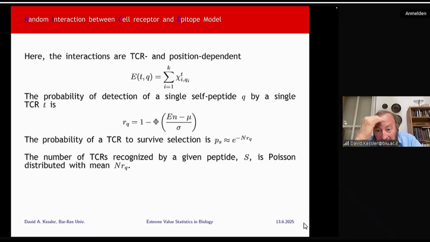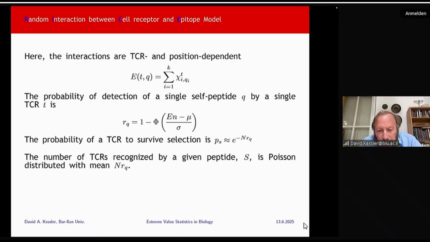Okay. And again, you can work out the probability of selection of a single self-peptide by a single TCR. It's given by that. And the probability of a TCR to survive selection is essentially this to the nth power, so it's just e to the minus nRq, because Rq is small, because otherwise it would be 0.